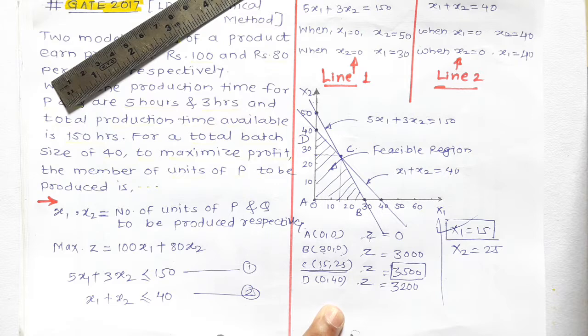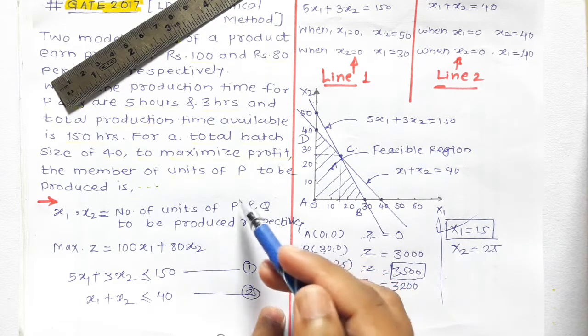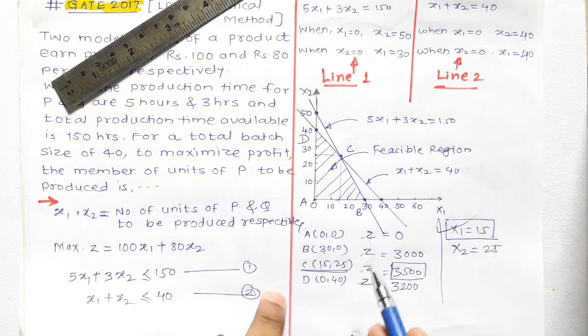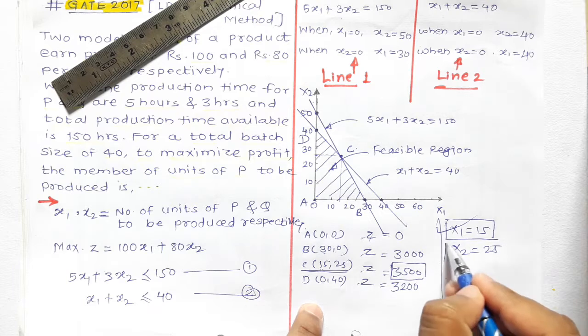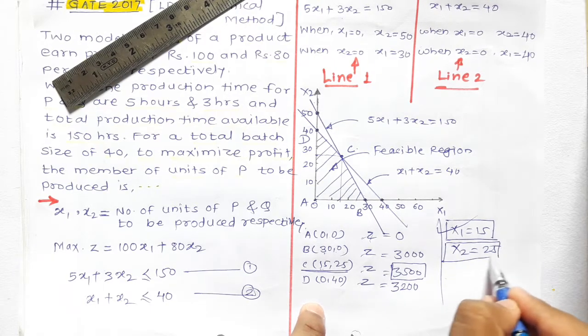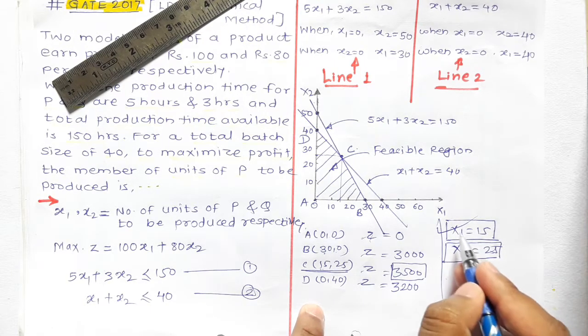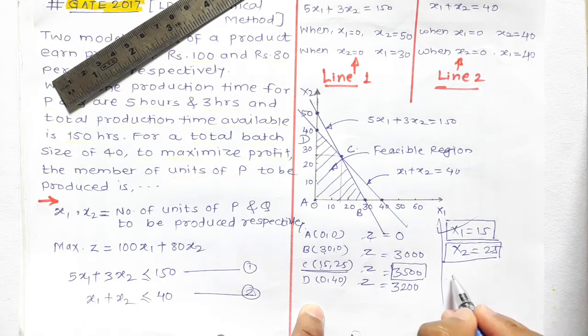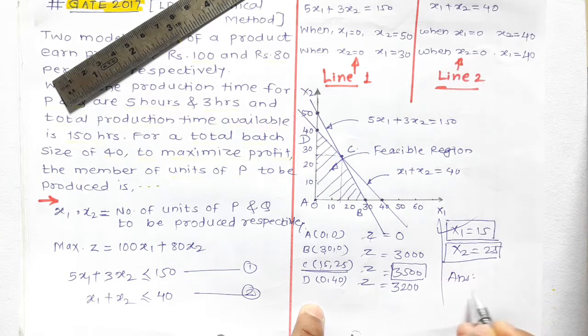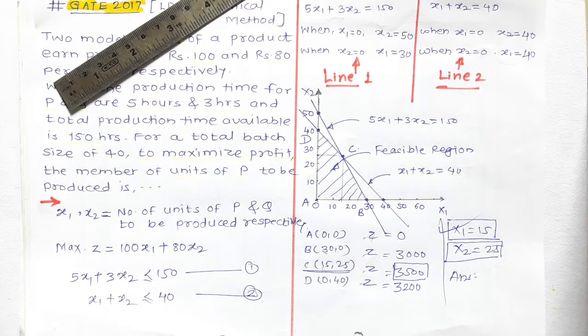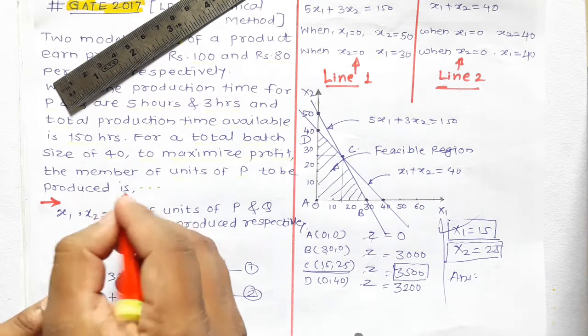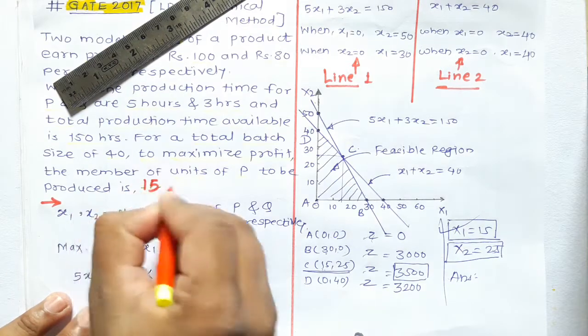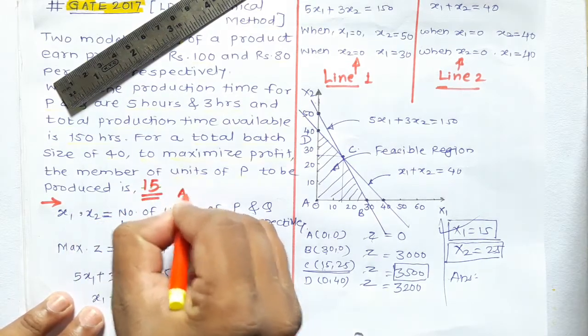If the number of units of q to be produced were asked, then you would write the answer as 25, and the number of units of p to be produced is 15. So our answer in this case is 15: the number of units of p to be produced is 15.